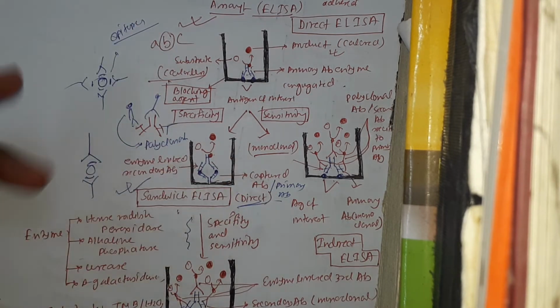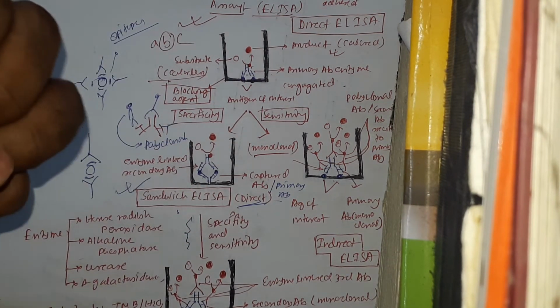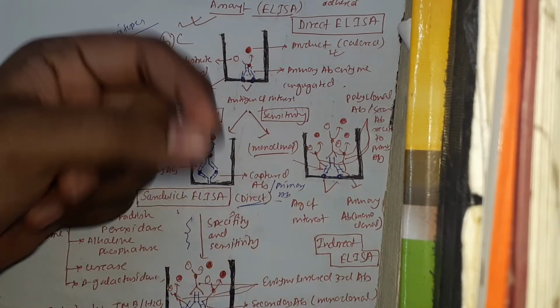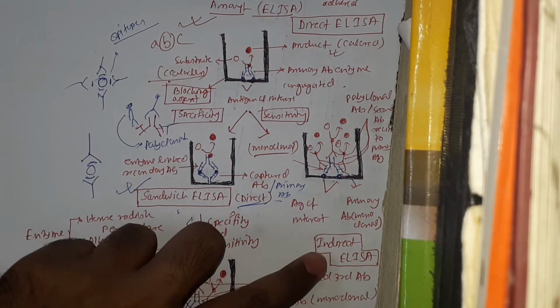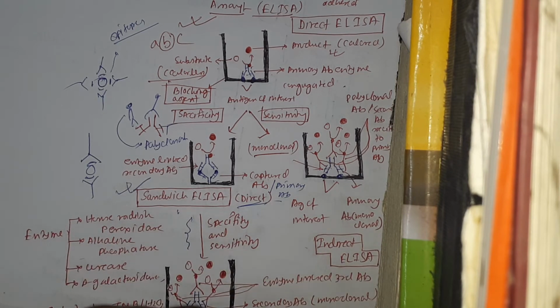And when we are talking about a very complex sample, we need to intensify the color emitted by the colored product. So we need to increase the concentration of enzyme-linked antibody. So we have developed indirect ELISA for solving those problems. And when we are talking about both specificity and sensitivity, then we will move to indirect ELISA.